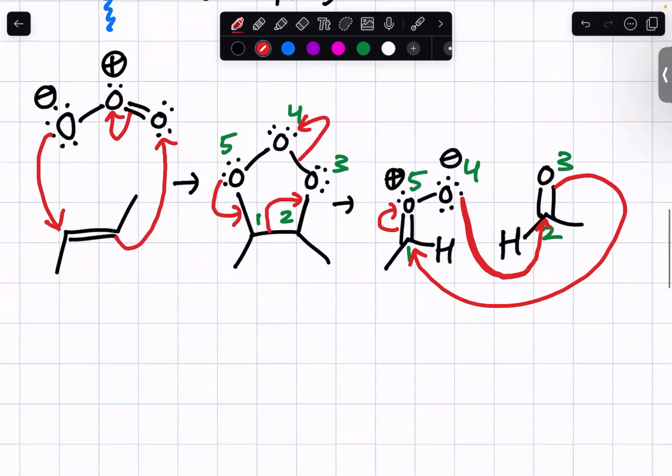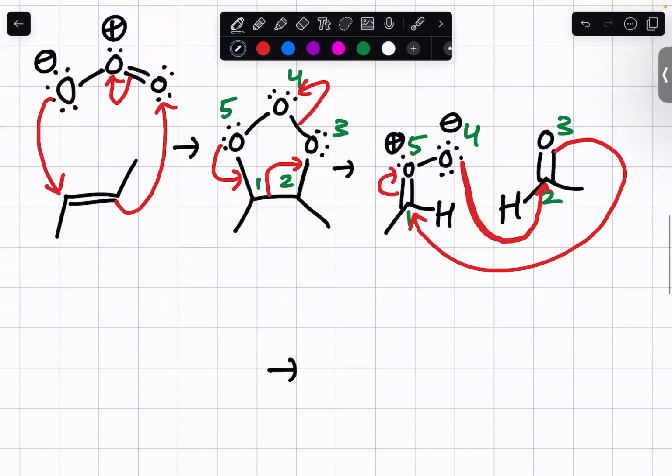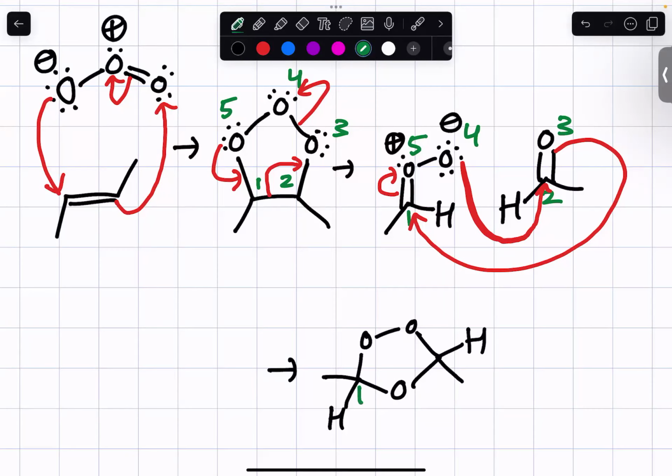Okay. So let's see. When that happens, we are going to get this is H O O carbonyl, and that's gonna be, let's say, O, and that is H, where this is gonna be 1, 2, 3, 4, 5.